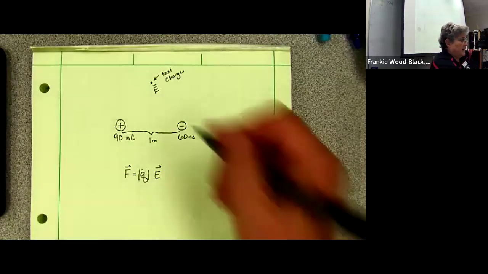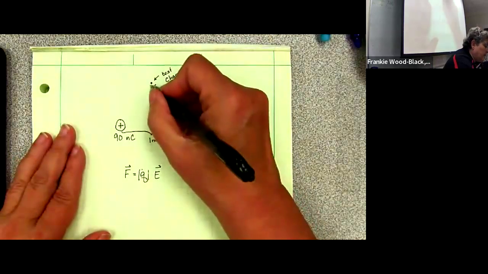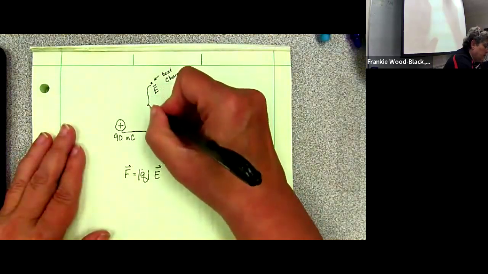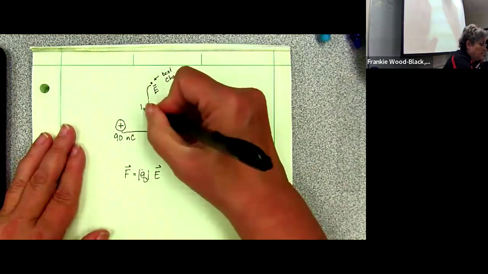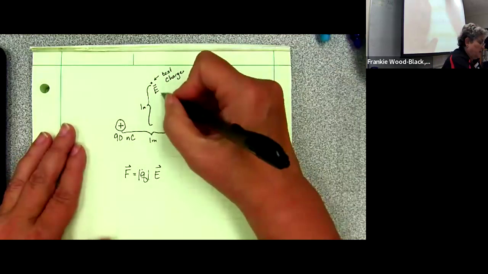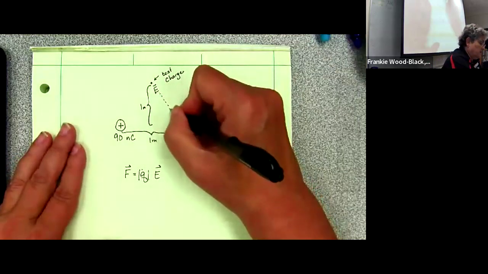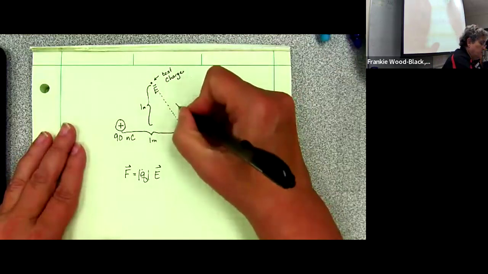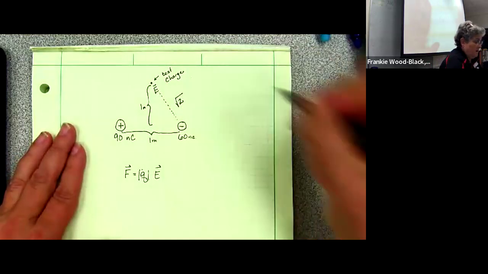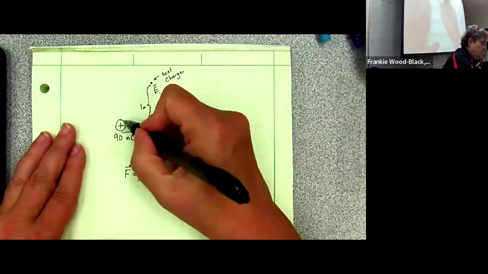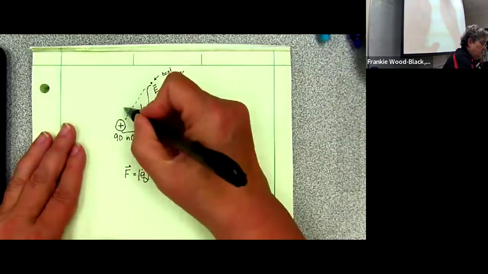So we can calculate an electric field, and if I go ahead and give myself a distance here, we're going to be nice, we're going to call that 1 meter. That's going to make life really easy, because then this distance is the square root of 2, right? And this distance is the square root of 2.